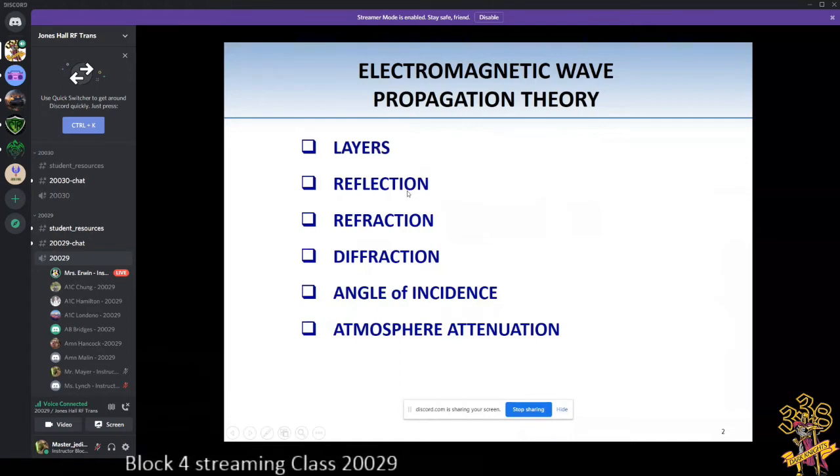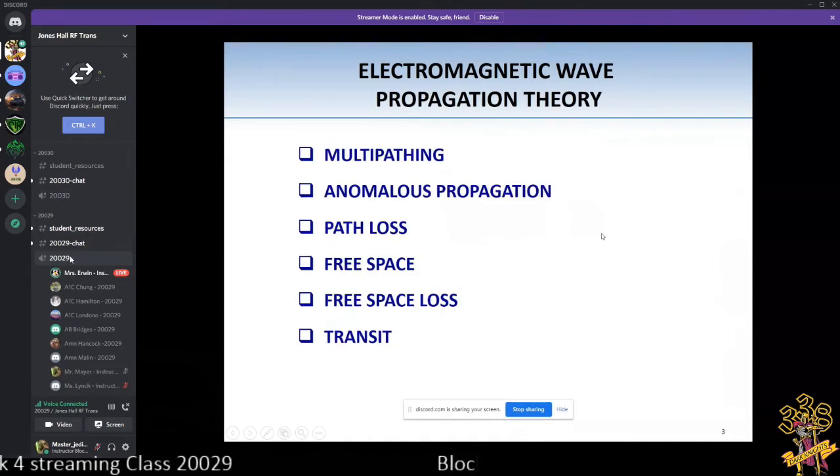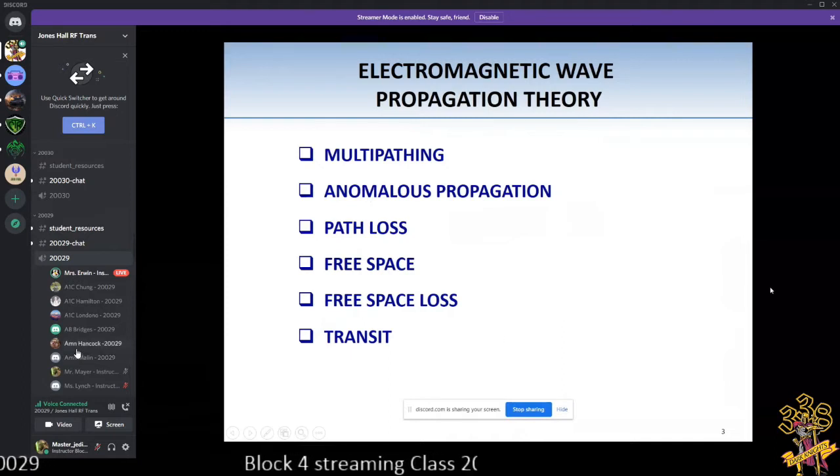And then we have a lot of definitions to go over, like what is reflection, refraction, diffraction, angle of incidence, atmosphere attenuation, multipathing, anomalous propagation, path loss, free space loss, and then we'll just briefly look at the transit.